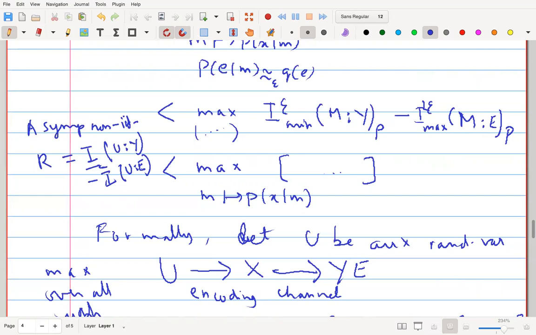Because of some slight technical issue it does not automatically imply, but you can take the converse proof that I did last time for the one shot and redo the same proof for the asymptotic non-IID, and you'll get I lower bar UY minus I upper bar. So really the issue is, can we go down to the IID case and get a single letter bound? The asymptotic non-IID is not a single letter bound. It is just a one-shot quantity divided by n, and you take the limit as n goes to infinity.